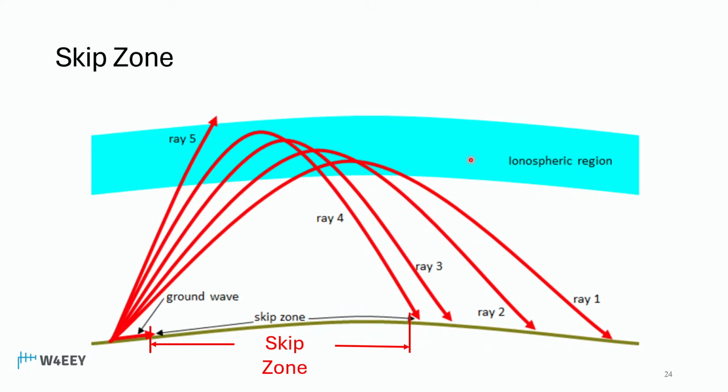It's more like a flashlight beam. It's kind of spread out, but the greatest intensity of that signal is what we're considering. So we saw that the skip zone was from where the ground wave stopped to where we came down with that first hop. And then no signal comes down in the skip zone. There's an exception to that, and we're going to talk about that in a little while.